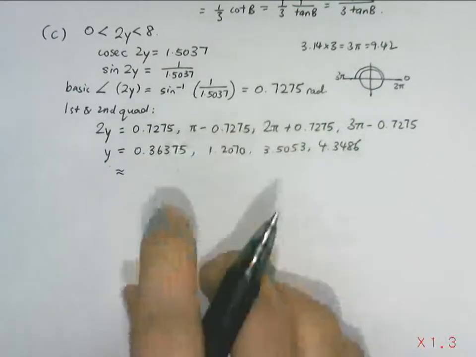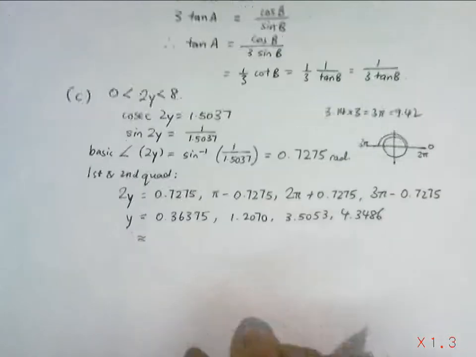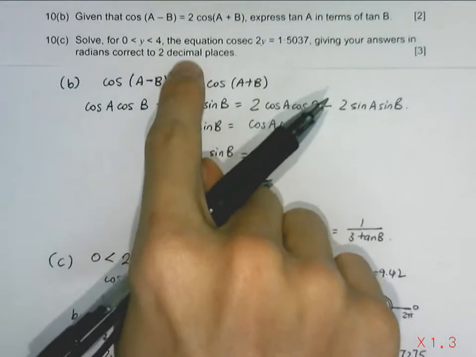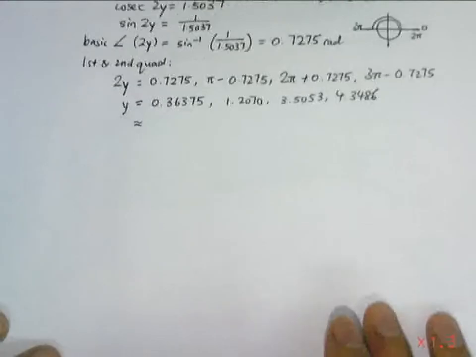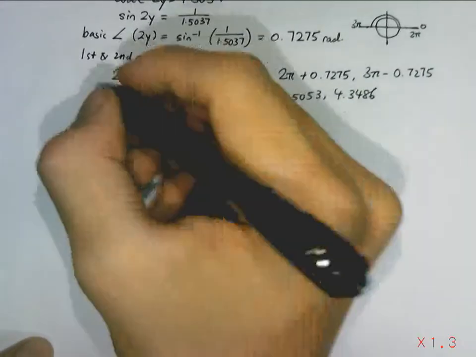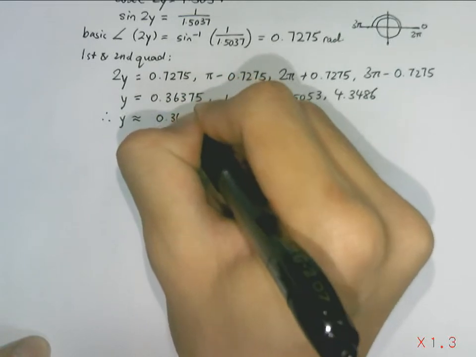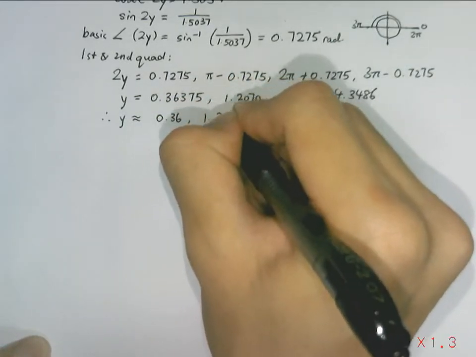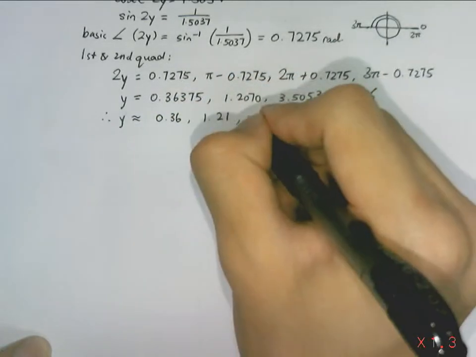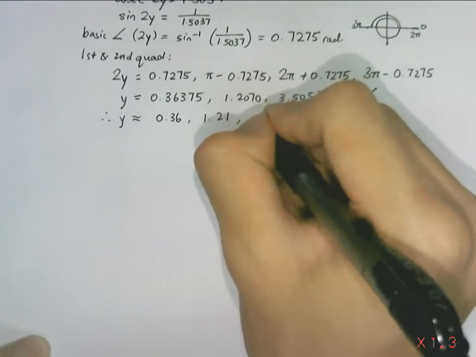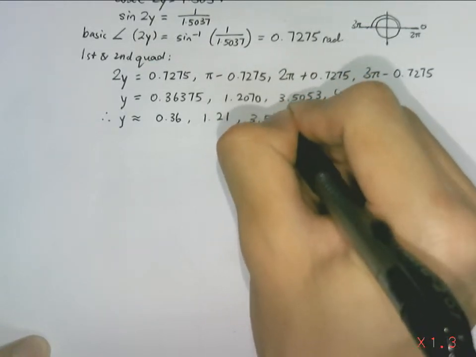Rounding off your answers to 2 decimal places, all answers are in radians: 0.36 radians, 1.21, 3.51.